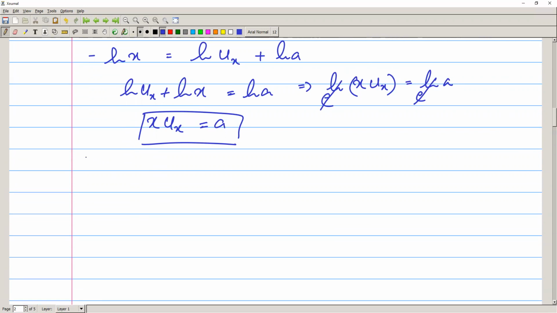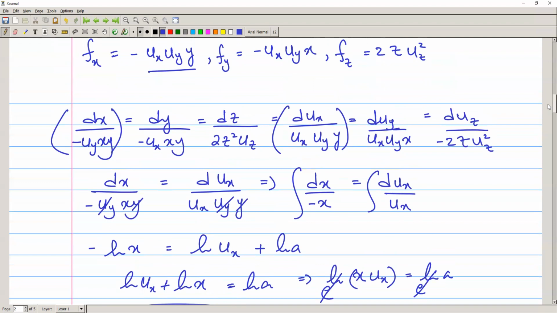Now we will use the second pair. So what is the second pair? Let's see. The second pair is dy over negative ux xy and duy over ux uy x. So we can see that this ux with ux will cancel out, this x with this x will cancel out.